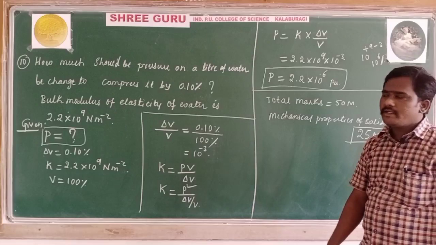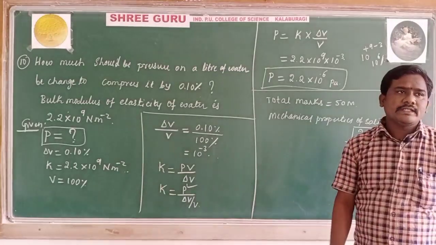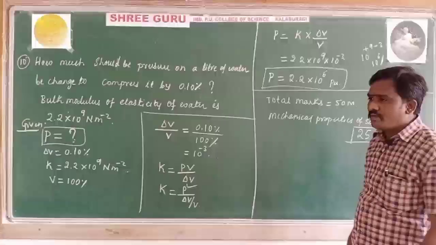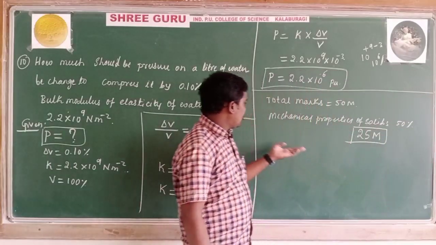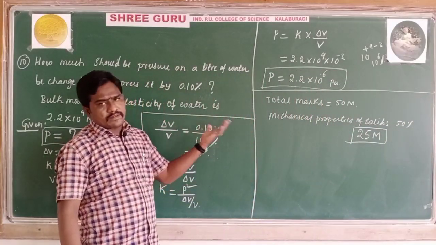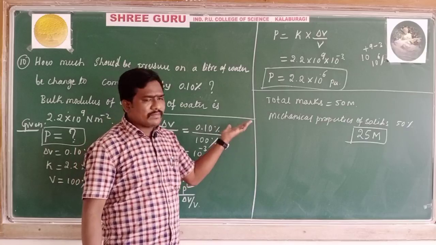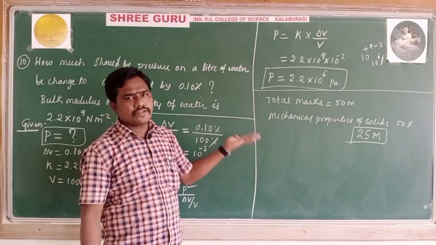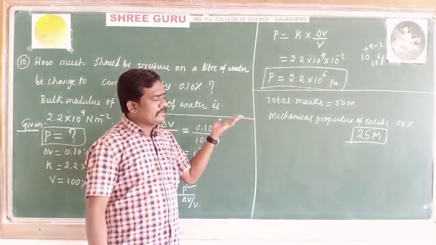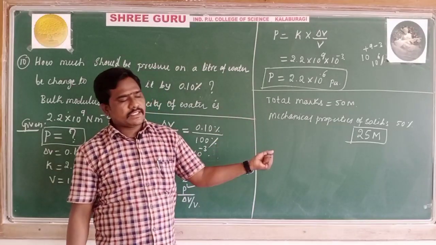Keep in your mind, we are covering the marks up to 25 marks. Definitely we are going to ask 1 mark questions, 2 mark questions, 3 mark questions, and 5 marks as well as numericals.